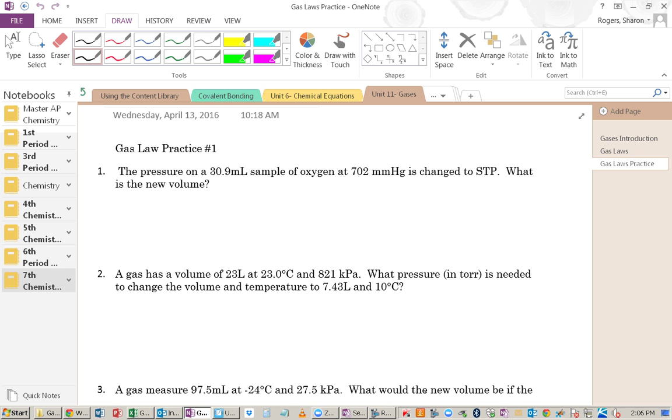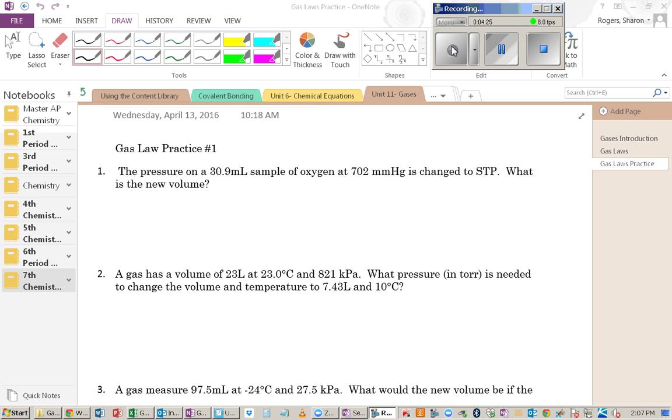The pressure on a 30.9 milliliter sample of oxygen at 702 mmHg is changed to STP.